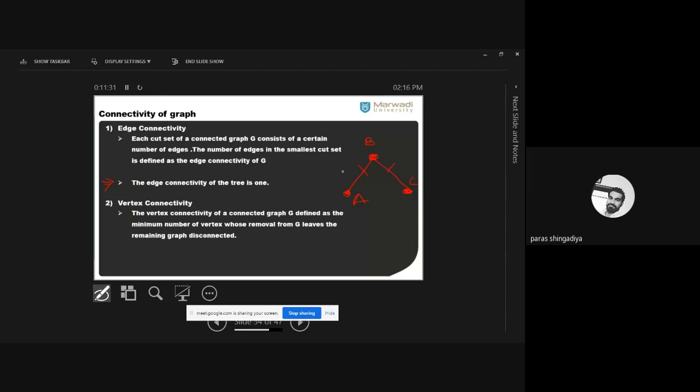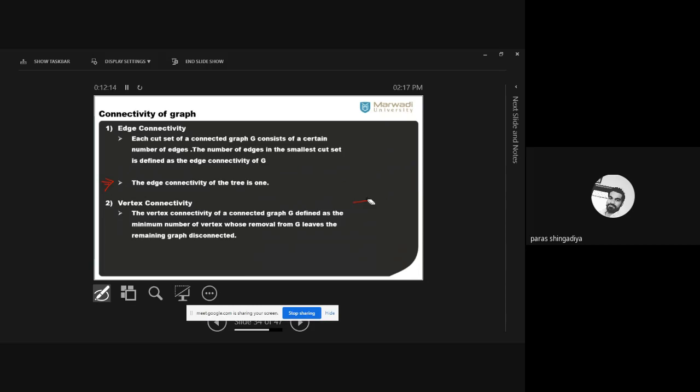B will be removed, and both the edges will be removed with it, so it is remaining only A and C, ठीक है? ये दोनों edge यहाँ से निकल जाएगी B के साथ. So what is the remaining part of the graph? A and C only, and that is two disconnected parts. A is in one partition and C is in another partition. So that is called vertex connectivity. By using a single vertex only, we can make the graph disconnected. So what is the vertex connectivity of this graph? It is 1. That is the answer here.